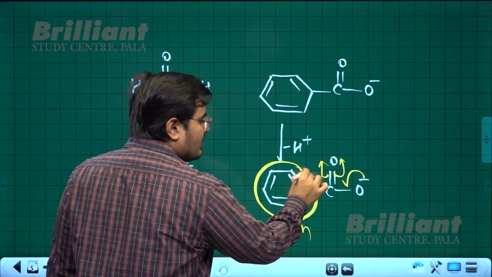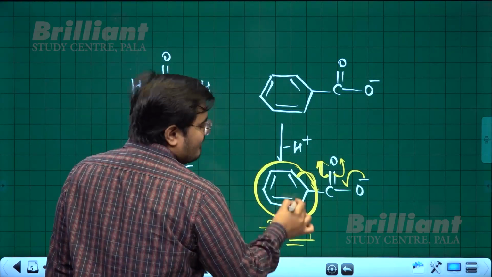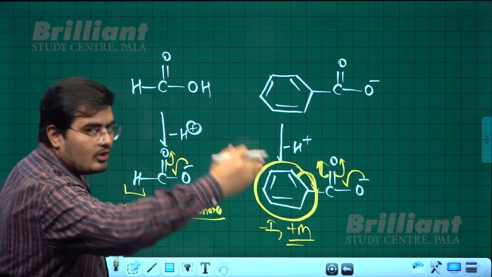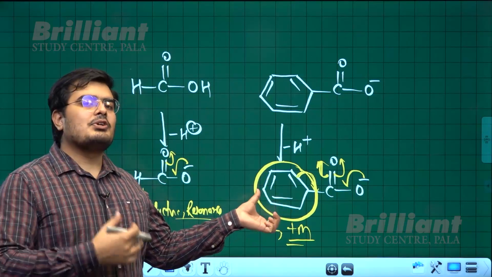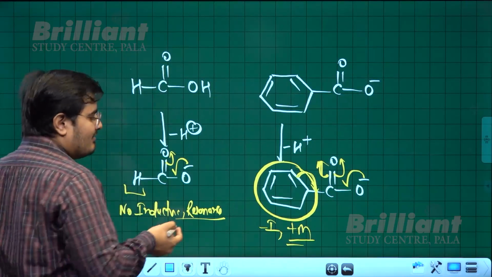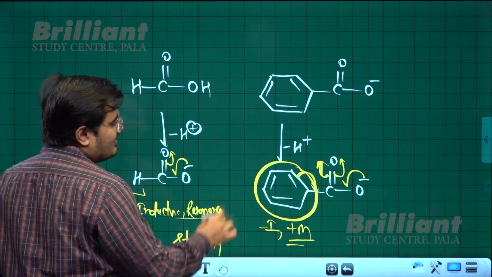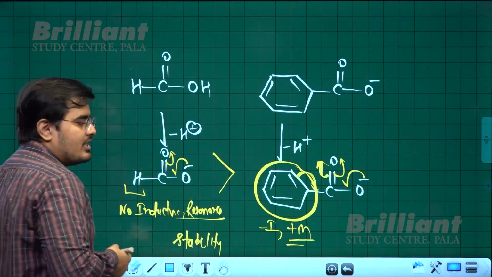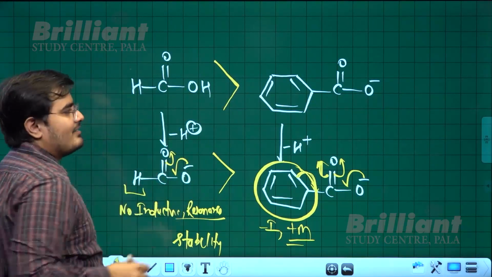And due to this donation of electrons to the carboxylate anion, we can say phenyl also shows an electron donating effect. And if it is donating electrons, we know an electron donating group decreases the acidity. And that is the reason why when I am going to compare the stability of the conjugate bases, formate anion will be more stable than benzoate, and the same will be reflected in the acidity.